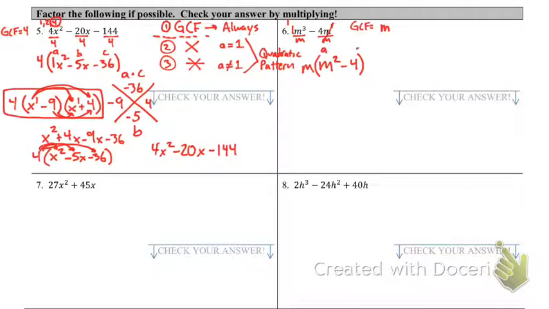The guy without the variable, this guy, he's your C value. And the value that we're missing in the middle is our B value. We're actually missing him. So what that means is it is the ABC pattern. Okay, just like we have here, A, B, C. The only problem now is our B is 0.